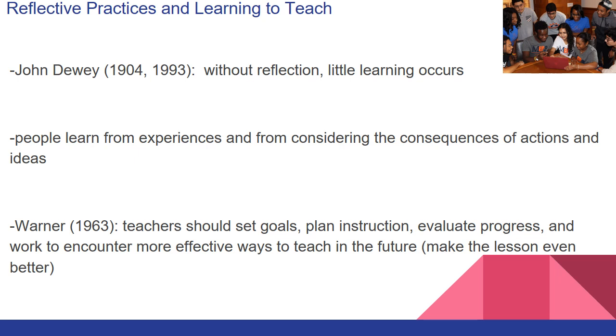The same thing occurs for teachers. People learn from their experiences. They also consider the consequences of their actions and their ideas. Based on the consequence that resulted, the cause and effect, people change or modify that action to make it more effective. Same thing for teachers.